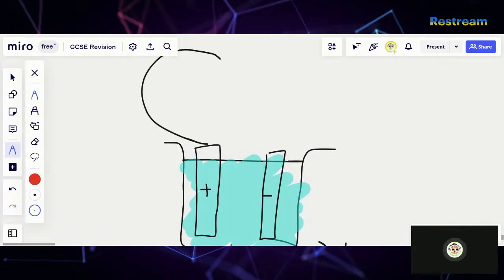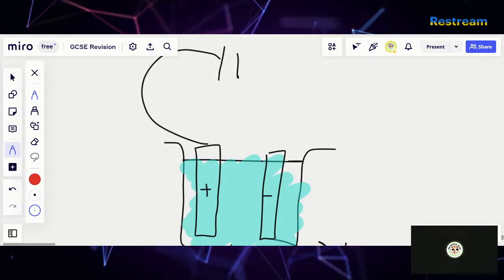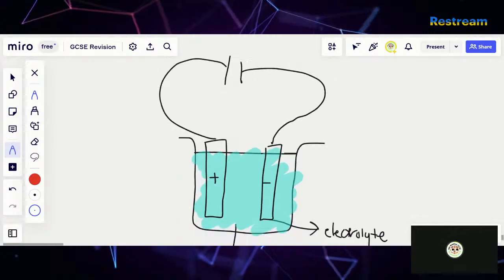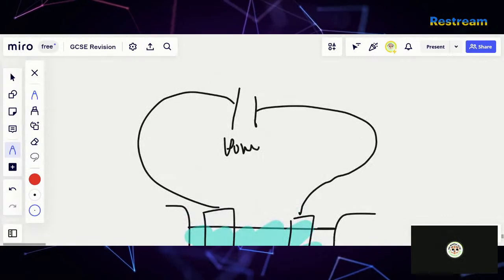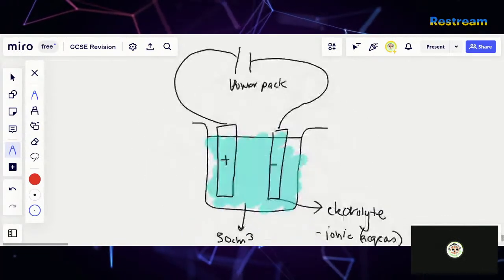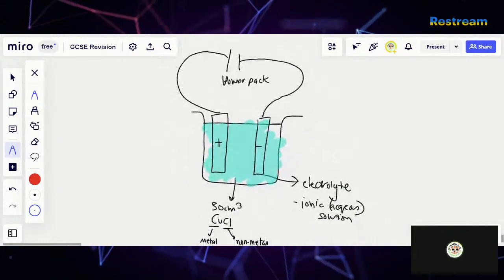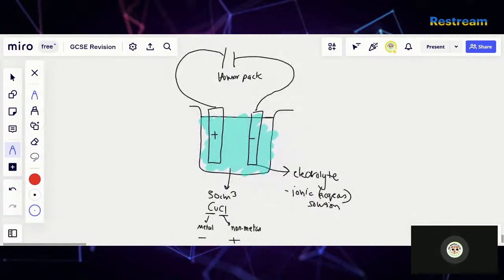This can be viewed as a power pack, so let me label that power pack.